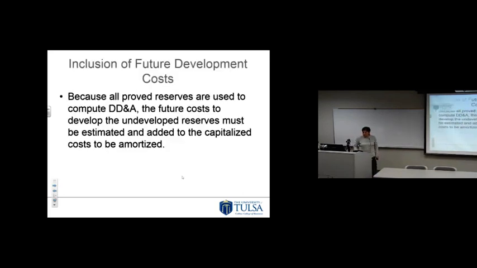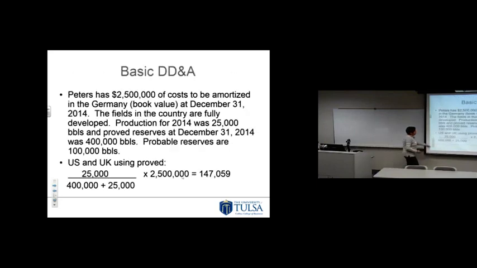Now, again, I just wanted to make a point, sorry. Internationally, I could include probable reserves in here of 100,000. And if I include probable reserves in the denominator, that's going to make that amount a little smaller, that DD&A, because again, I'm writing off a little slower, including probable reserves, just like under successful efforts.